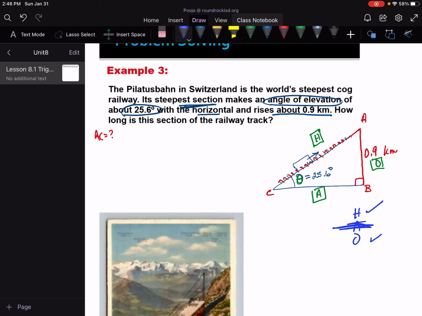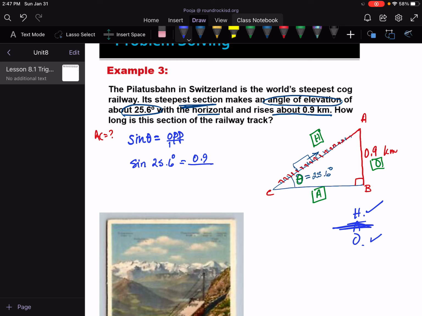Yes. They haven't asked me to find opposite, but it's given, so it's going to come in handy in finding it. So O and H, which one deals with that? Sine of theta equals opposite over hypotenuse. Let's start replacing. Theta is given. Opposite is 0.9. Hypotenuse. Oh, you did not correct me, guys.